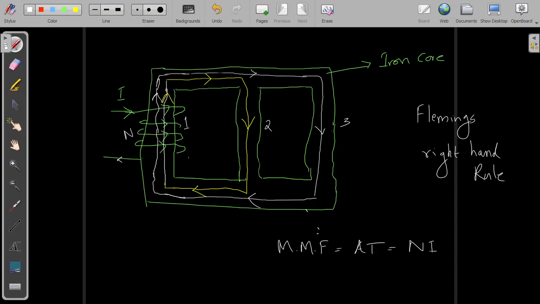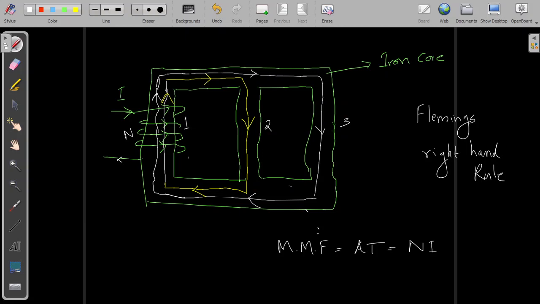So there are two possibilities. What I am trying to convey is that there are actually two paths for the flow of flux lines. One path is from limb 1 to limb 2, and coming back to limb 1, and the second path is from limb 1 flowing into limb 3, the outer limb, and then coming back to limb 1.